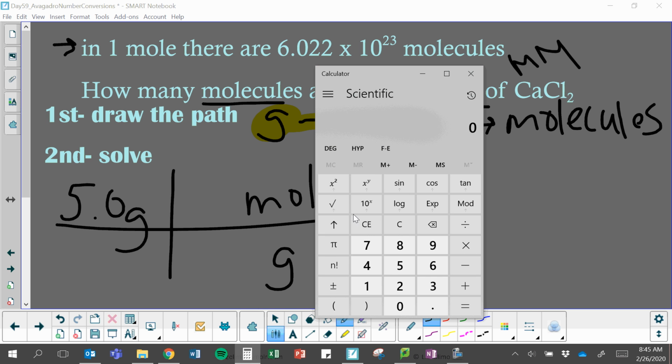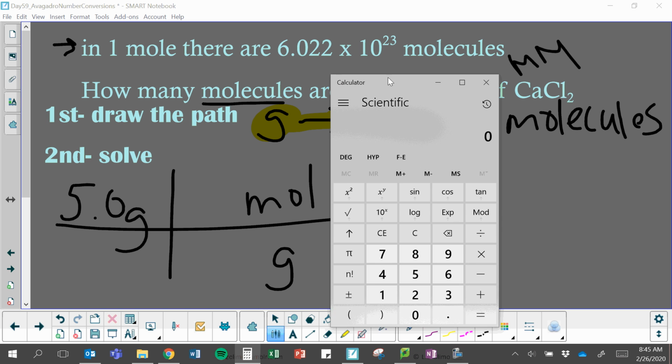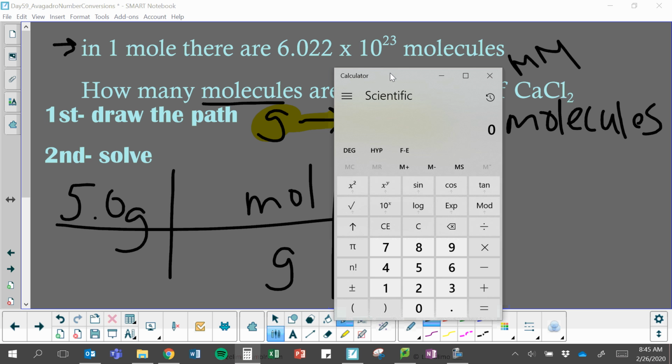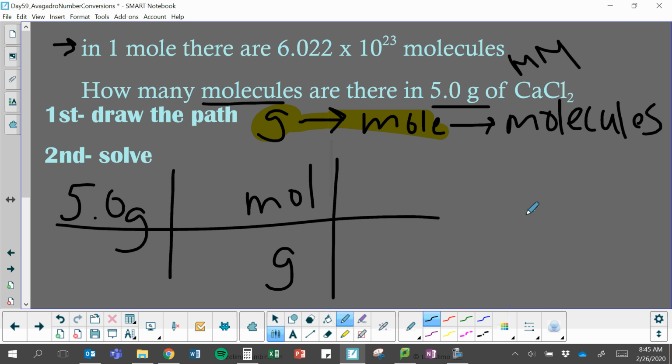And let me pull up my calculator. So for calcium, there's only 1 calcium, and its mass is 40.08. So we're going to add that. And then there are 2 chlorine atoms. So we're going to use 2 times our chlorine mass, which is 35.45, and we're getting these masses from the periodic table. So we know that our total mass is 110.98.